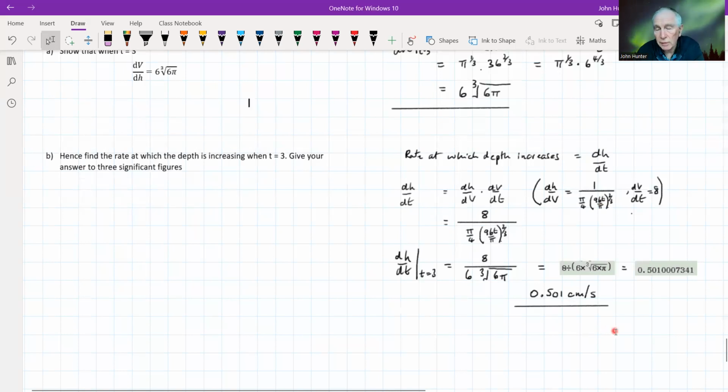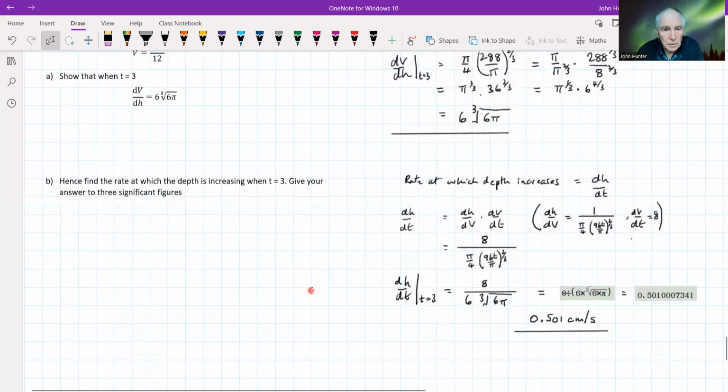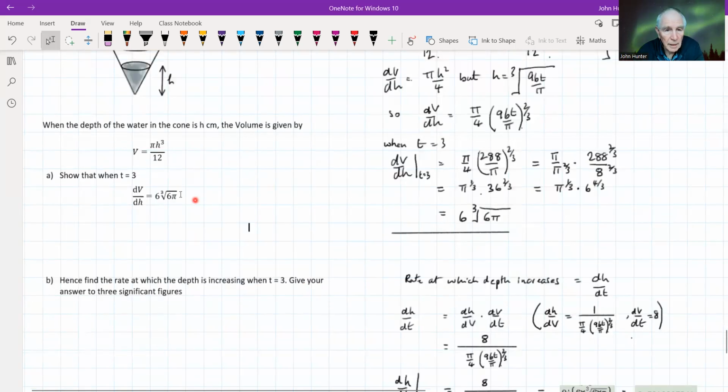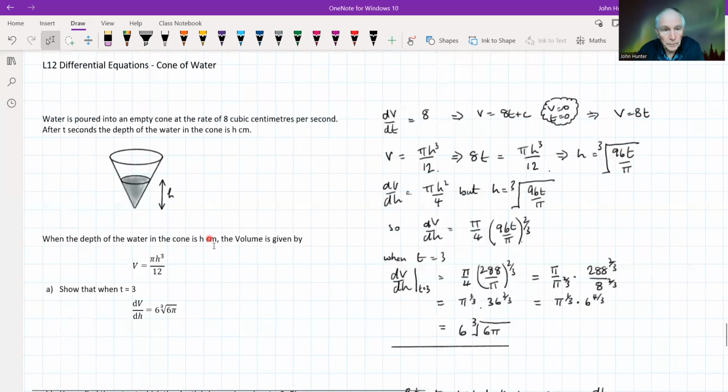And so if we just think of the key learning points, first of all, I think just spot that, going back to this, that we can only evaluate dV/dh at t if it is a function of t. If you have that sort of operation in mind, then it should get you started on any such similar problem.